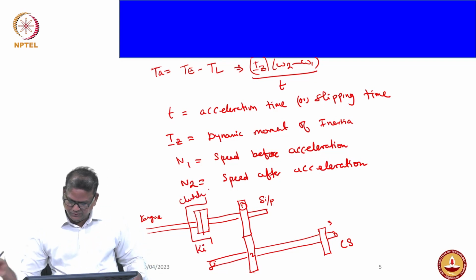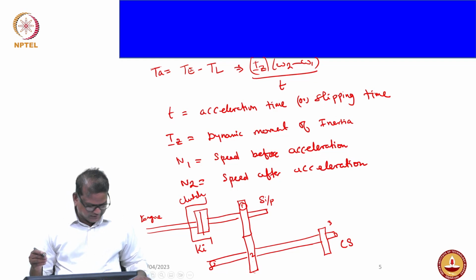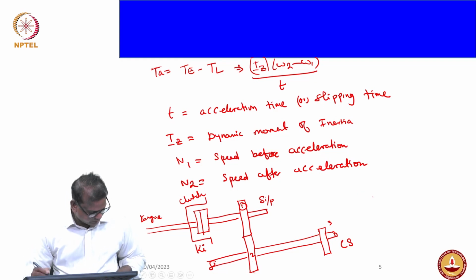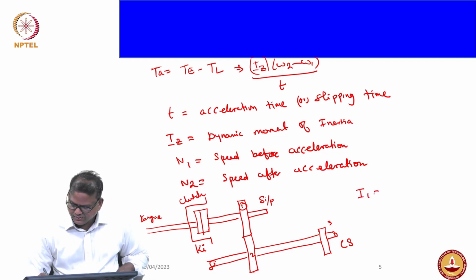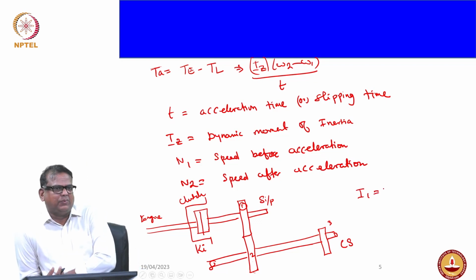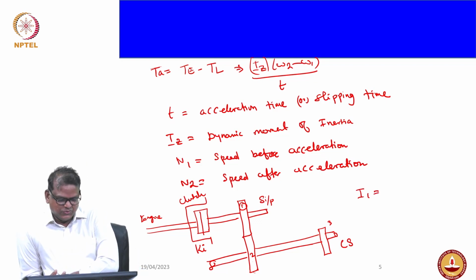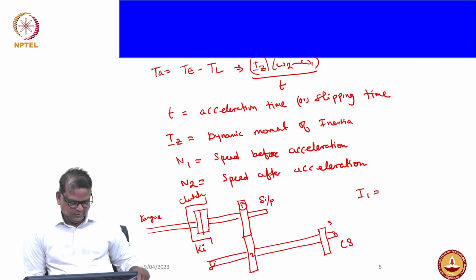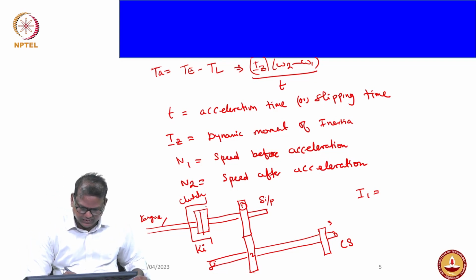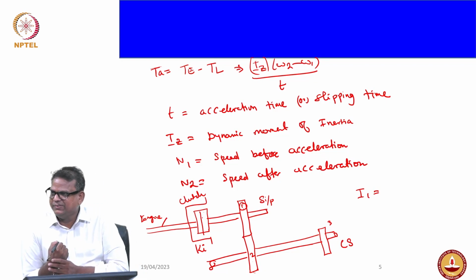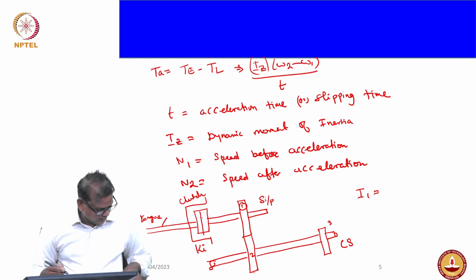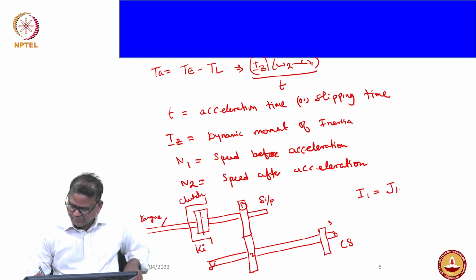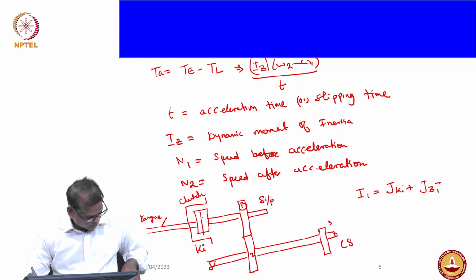Now, if I want to find out the moment of inertia of gear 1, I1, how do I do that? I have to take into consideration the shaft, clutch and gear, all three together. So that would be the polar moment of inertia of the clutch, plus the gear, plus the shaft.